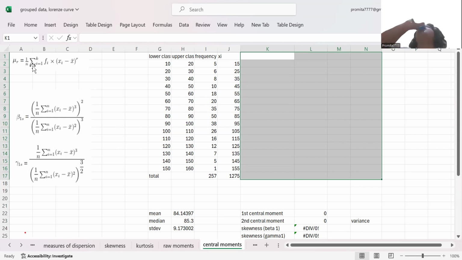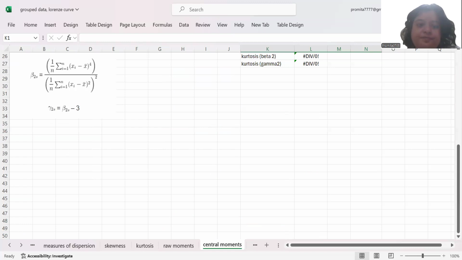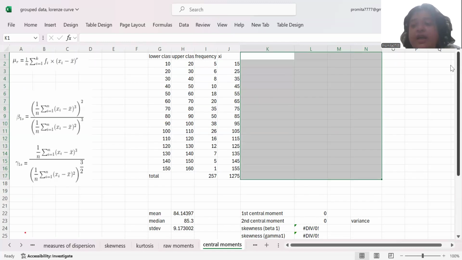Here we will be calculating three central moments, because to calculate skewness, we need the third order central moment, and to calculate kurtosis we need the fourth order central moment.